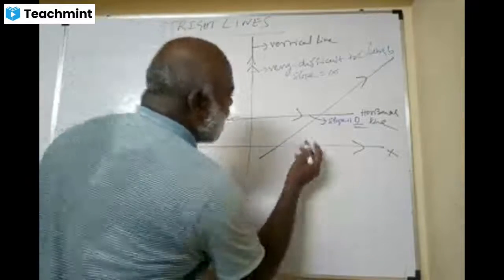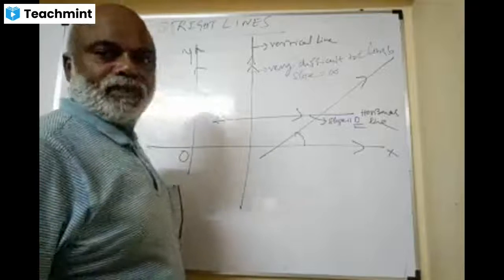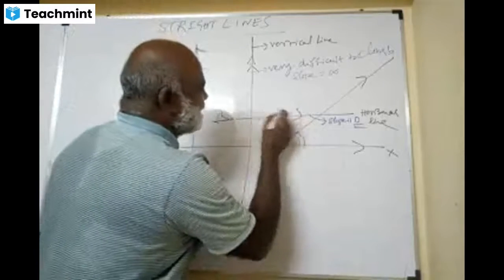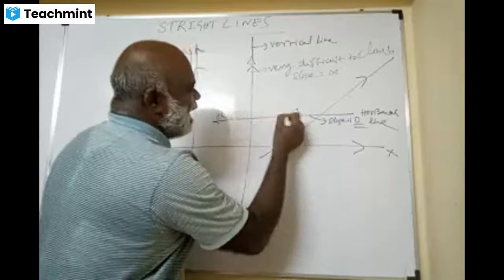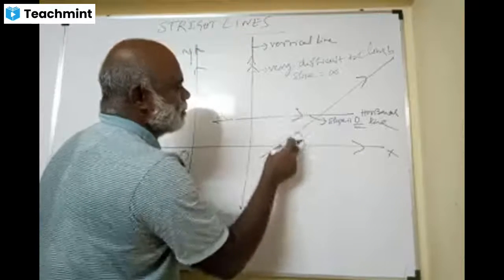which is making some angle with the x-axis. Every line makes an angle with the x-axis. What angle, ma? This line and this line. What is the angle between them?